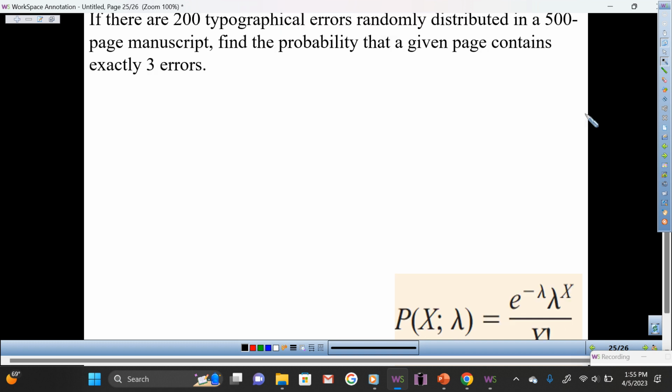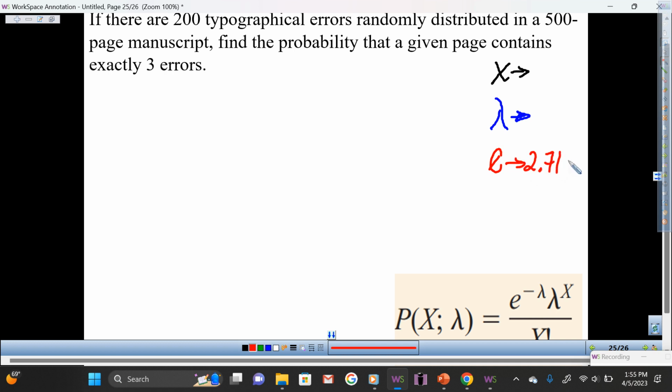All right. So, with that said, let's start by writing our items. We got X. We got lambda. And we got E. And E by now is 2.7183.